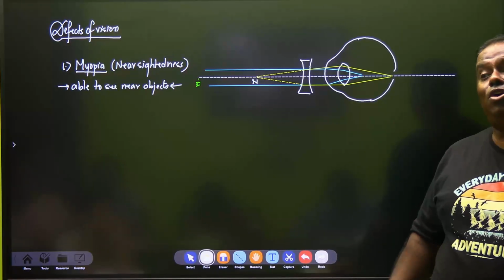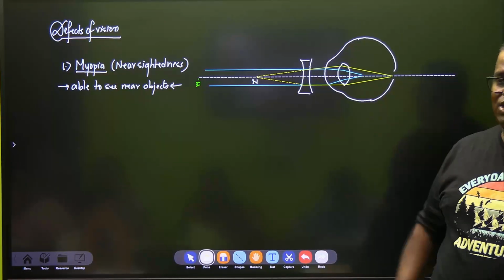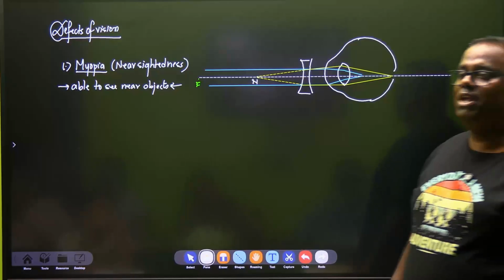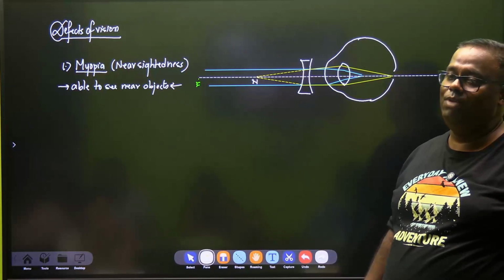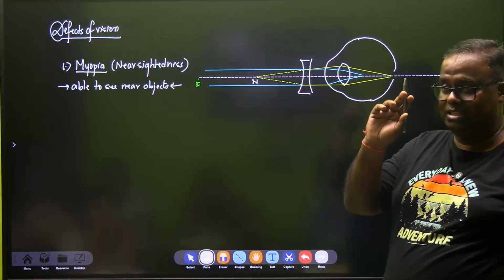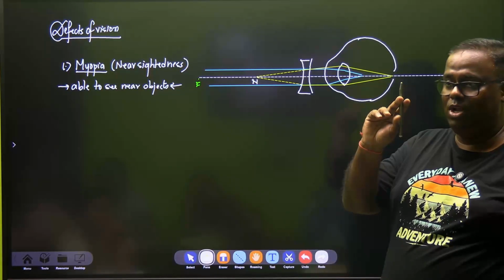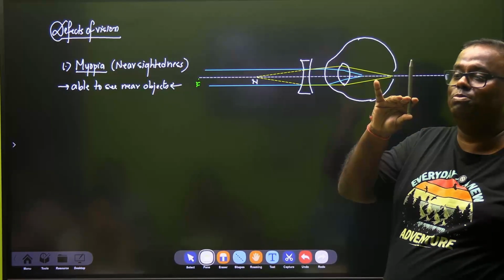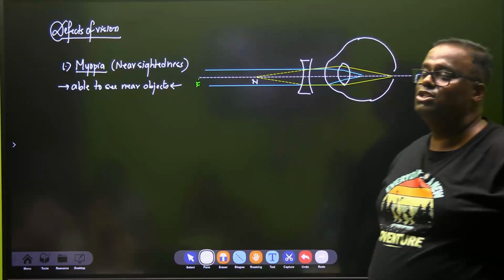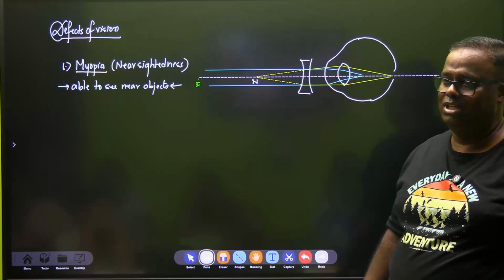Go back to your chapter of refraction. Object placed anywhere between focus and infinity for a concave lens, the image is erect, virtual, and smaller than the size of the object. So you are actually seeing smaller than the size of the object.